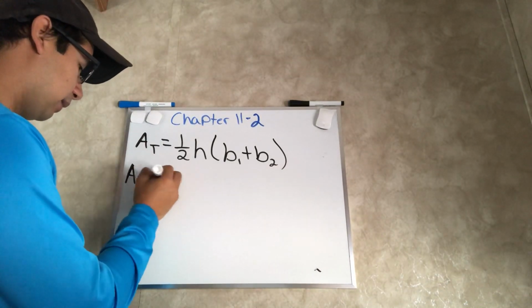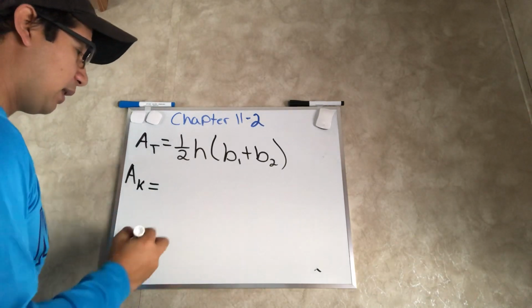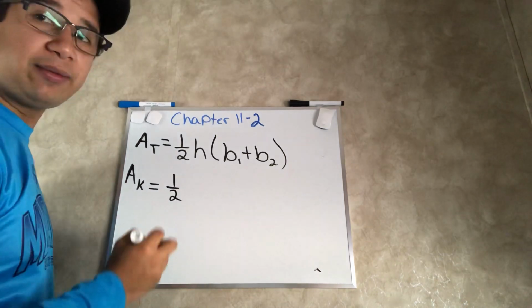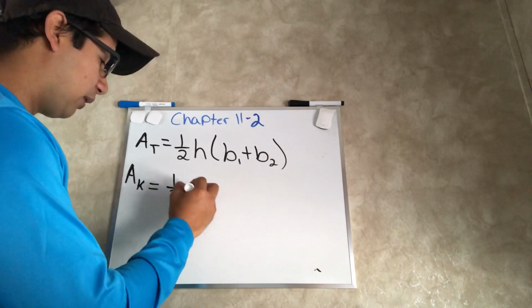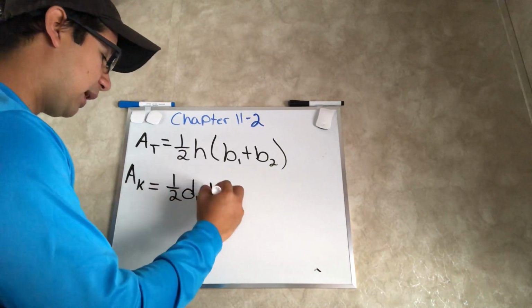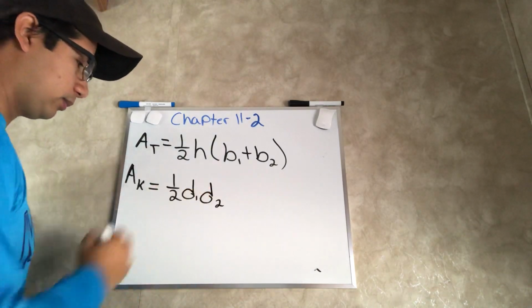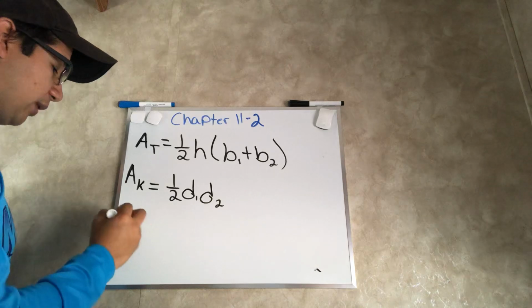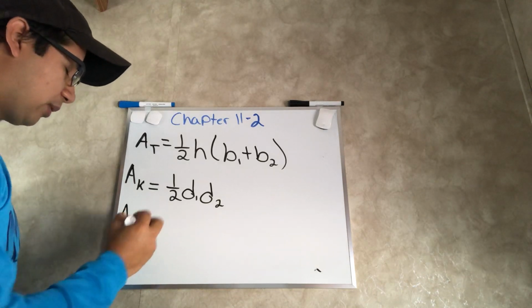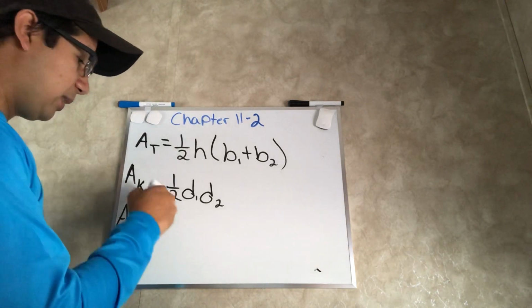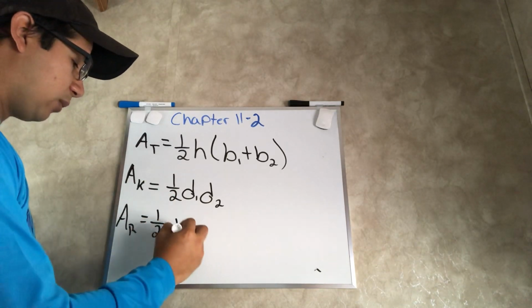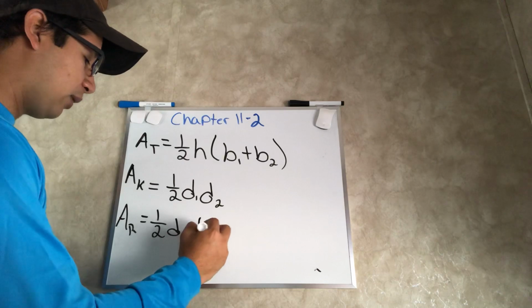That is 1/2 times diagonal 1 times diagonal 2. Then you'll be asked for the area of a rhombus, and it's the same thing: 1/2 times diagonal 1 times your second diagonal.